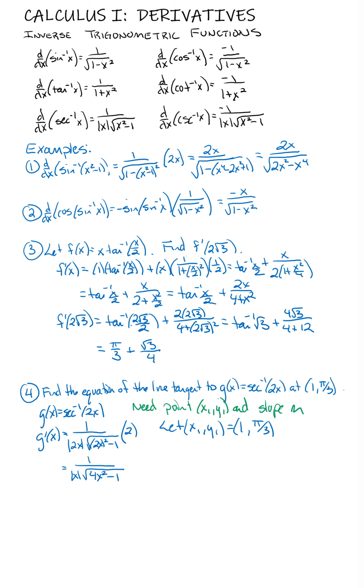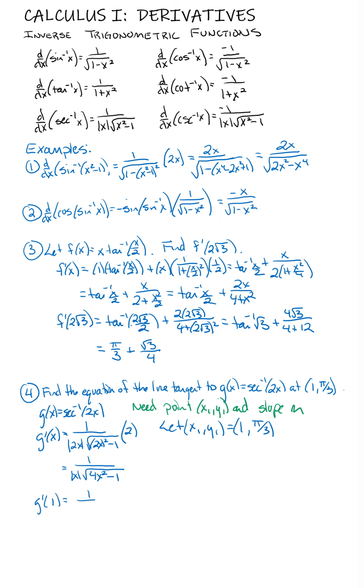So we end up with 1 over the absolute value of x times the square root of 4x squared minus 1. Now, of course, for our slope, we want to evaluate this at our point. So we want g prime of 1, that is our x value.